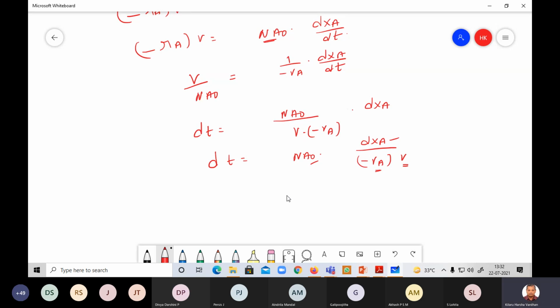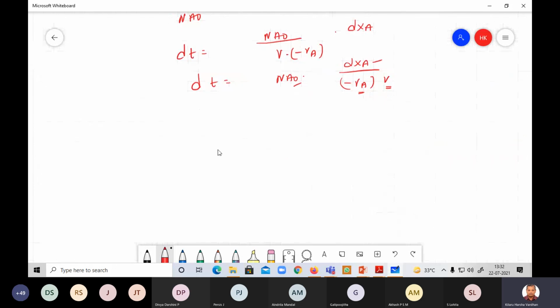Now, in a batch reactor, we should know what the conversion is after some particular time, right? So for that, what do you have to do? This is dt. So you have to integrate this equation between the limits of t equal to 0 and t equal to t.